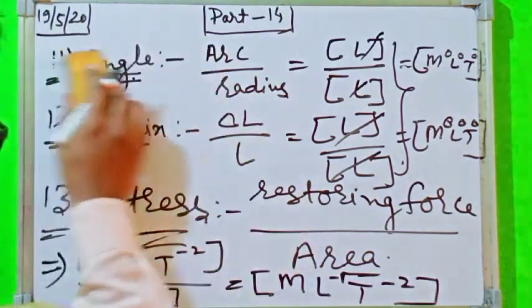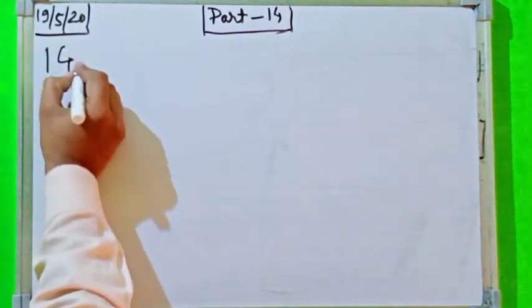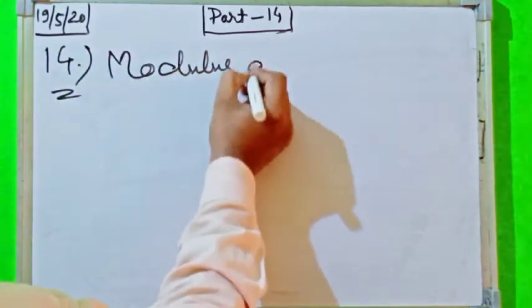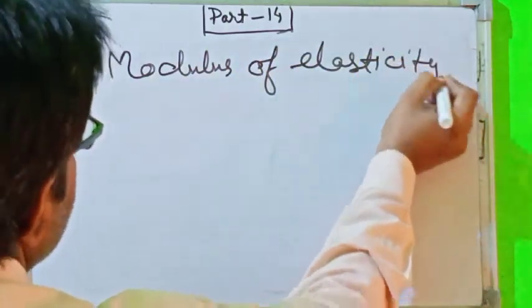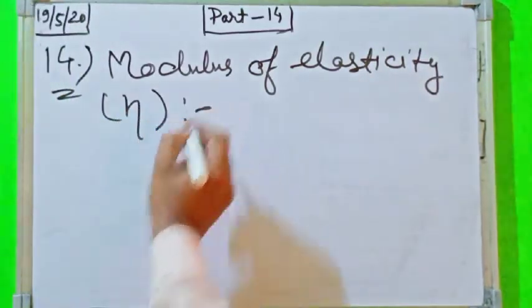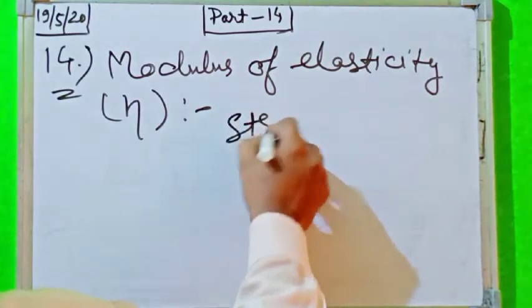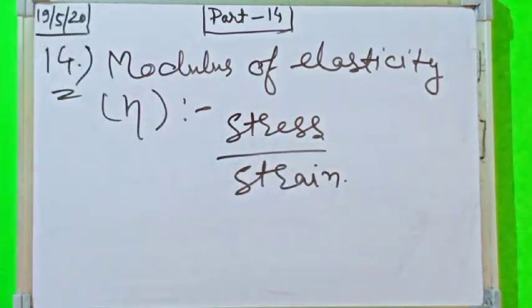Now modulus of elasticity, denoted by M, can be represented by stress upon strain.